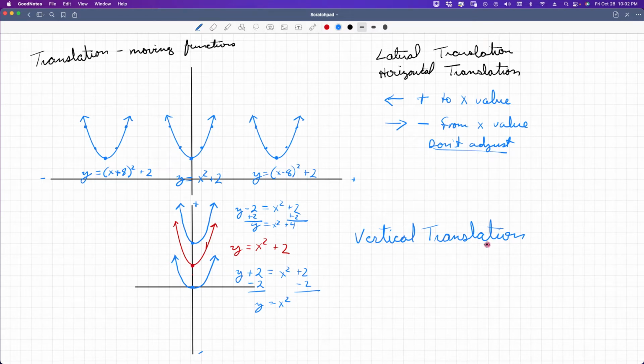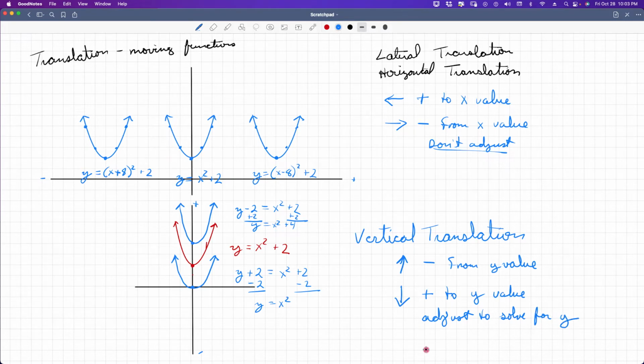When we have a vertical translation and we move up, we subtract from the y value. If we move down, we add to the y value, but then we adjust to solve for y. Okay, so those are the things we do when we have translation.